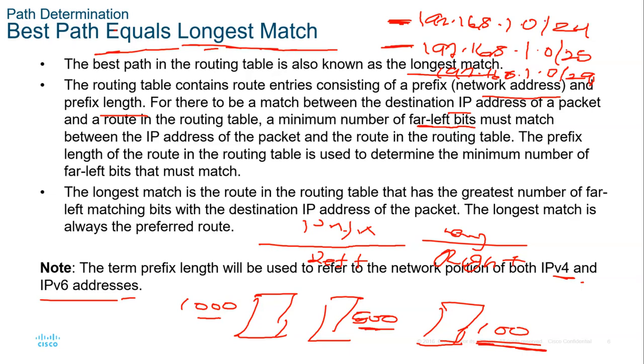So this is the left: the left has the network portion, and the right has the host portion. The network with the longest network portion would be the best destination to use to forward packets.